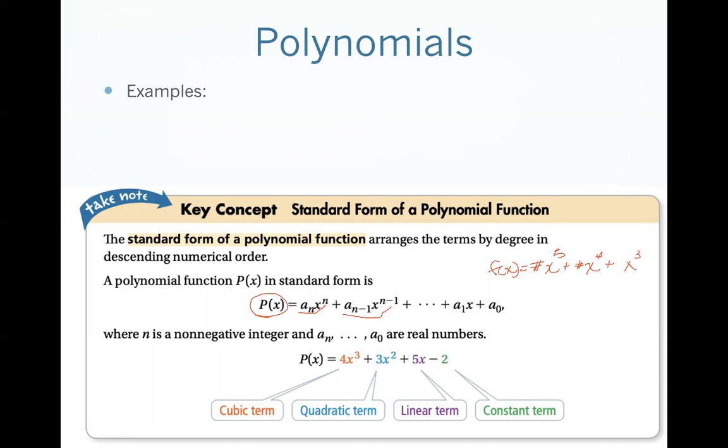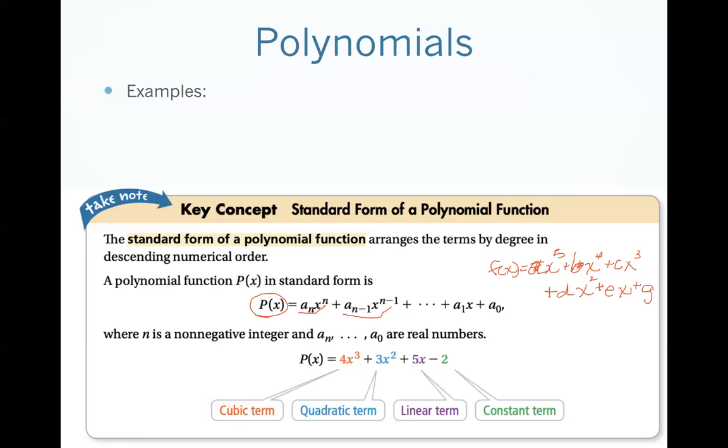And so since these can all be different numbers, instead of just calling them a number, we can call them letters. And usually we just use the alphabet starting with the highest power and keep going. So A, B, C, D, then the power goes down, x squared, E, x, and then we already used f of x, so I'll call this G. Okay, now what letter we use is not as important as seeing the pattern here.